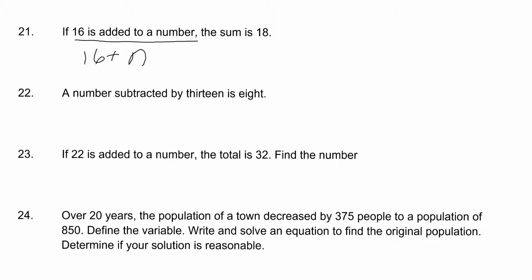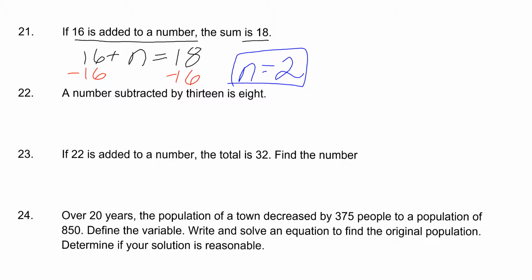The sum is 18, so that means that's going to be equals 18. Now, we know how to get rid of a positive 16. We're going to subtract 16 from both sides, and that's going to leave us with n equaling 2. And that's the way that rolls.